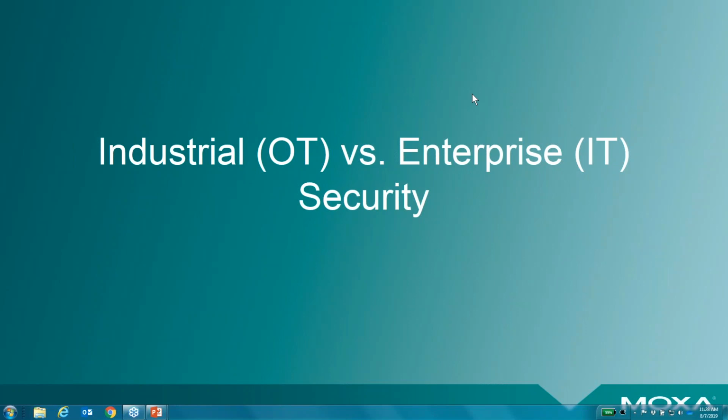Thank you, Richard. So with that, we'd like to move on and talk a little bit about some of the differences in perspective with OT versus IT, or industrial versus enterprise security.